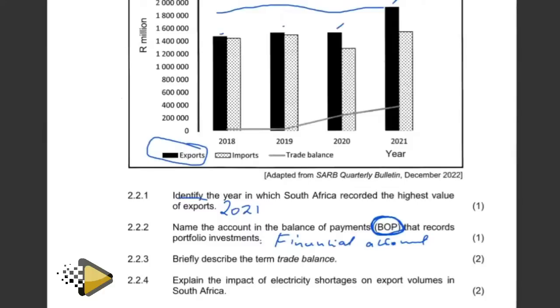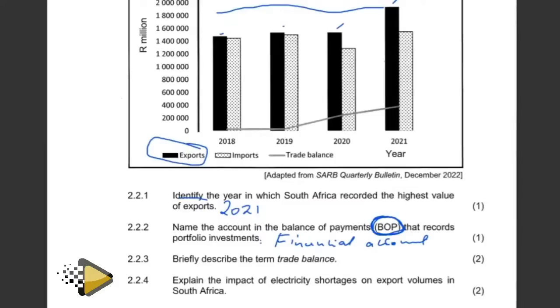Briefly describe the term trade balance. So now, if you still remember, grade 12s, when we talk of the trade balance, we refer to the value of exported goods plus net gold exports less the value of the imported goods.